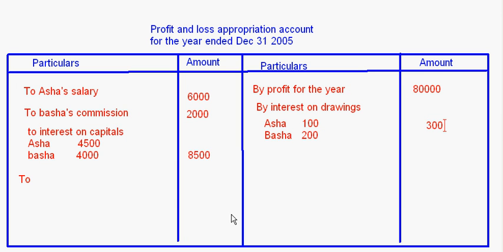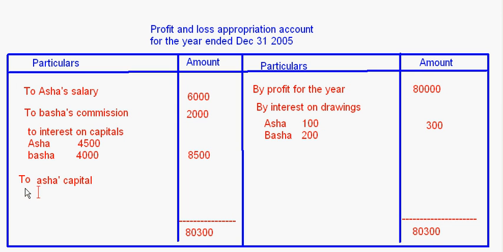Now, 80,000 and 300, so the total here is 80,300. So here also I'll put the same total, 80,300.